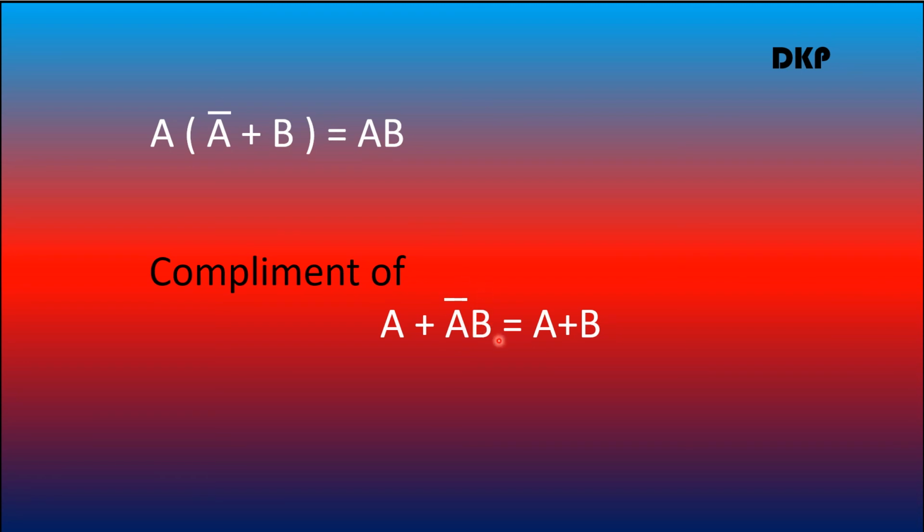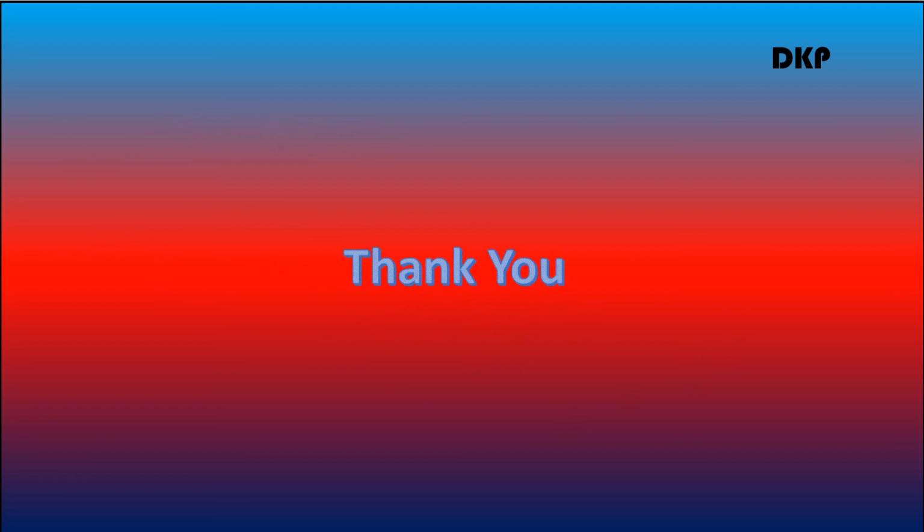A bar into B is written as A bar plus B and is changed to or, which is equal to A or B is written as AB, that is A and B. So this law is the complement of this law. Thanks for your time.